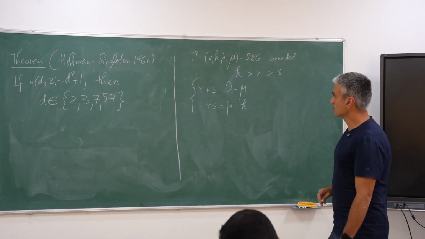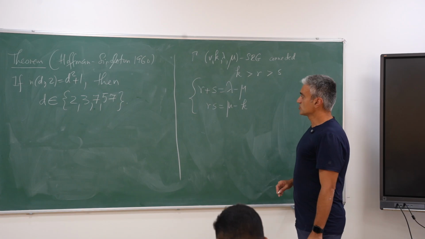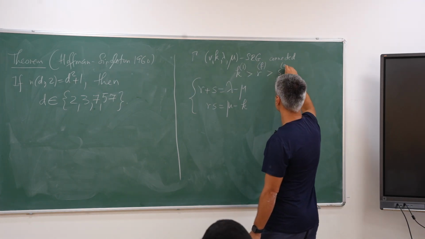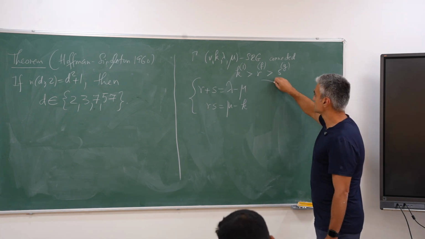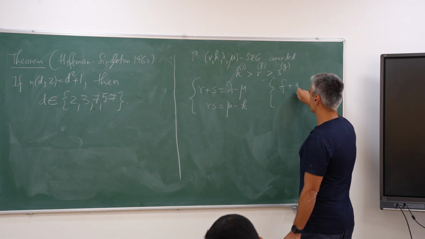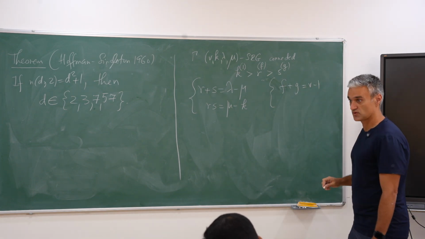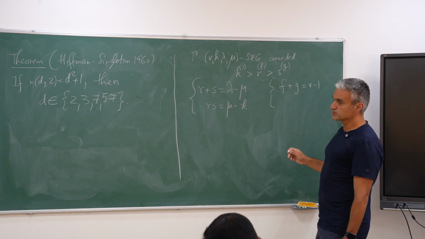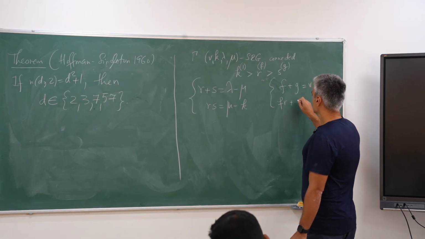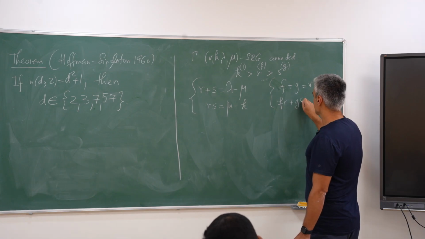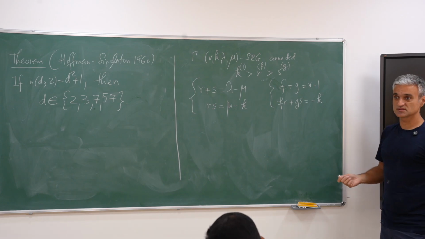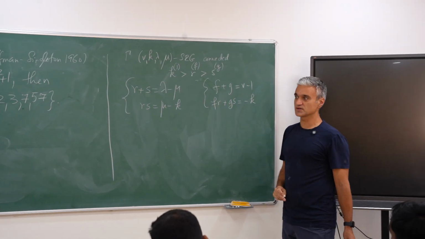And then r and s will have multiplicities f and g. You can get these multiplicities by saying that f plus g equals v minus 1, and from the trace, you will get that f r plus g s equals minus k, because if you put k over there, you get the trace.